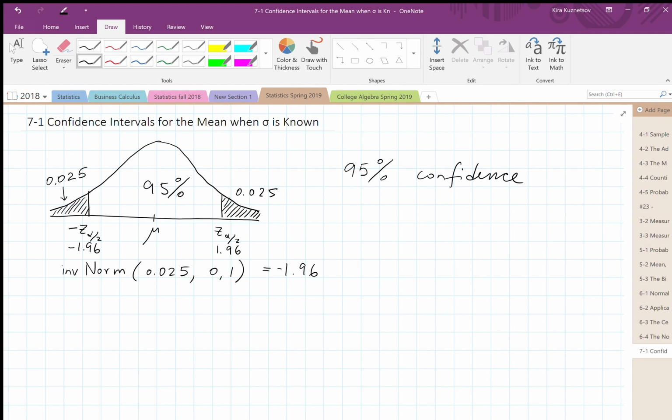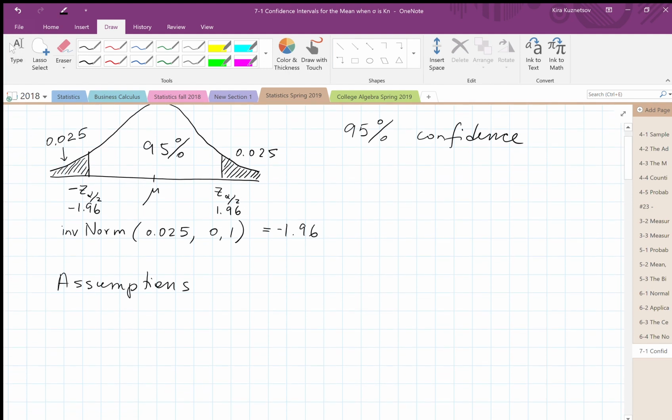The problem is to actually be able to go through the math and correctly place all of the pieces together. So I'm going to start with assumptions, and you'll find that the assumptions will be very similar throughout the whole Chapter 7. I need to have a sample.